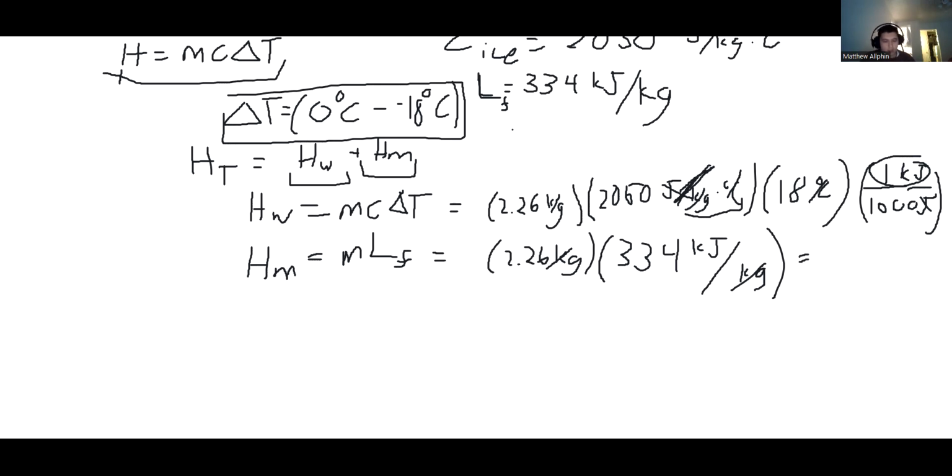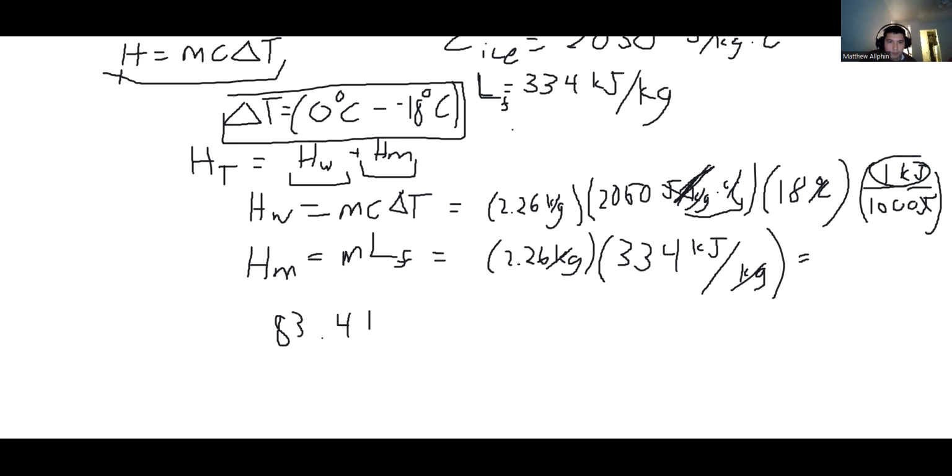When I do that, I get, let's see, 2.26 times 2, I'm just going to do times 18, divided by 1,000 gives me 83.4, yeah, 83.4. I'm rounding.